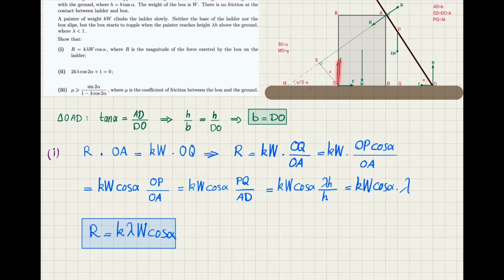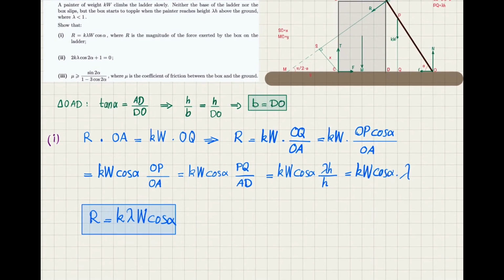The torque of T about C is also 0. So there are two forces that have non-zero torques. One of them is R, the other one is W. And if you can imagine that this R will try to rotate the box in the counterclockwise direction about C, and then W will try to rotate the box in the clockwise direction about C. So in the equilibrium case, they should actually have the same magnitudes.